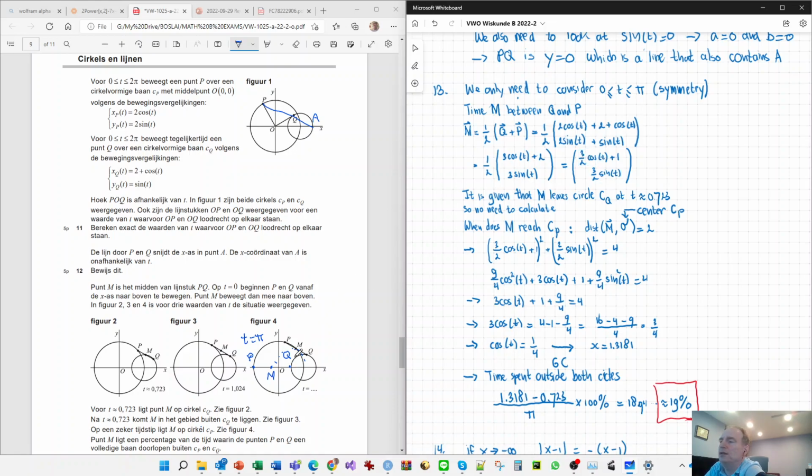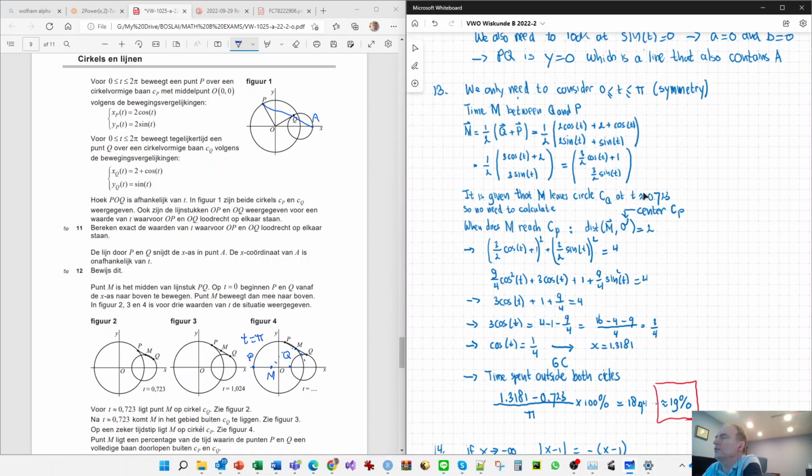So this is actually a circle of radius 3 over 2 and center point (1, 0). You might as well calculate the intersection of this circle with the circle CP, but the result should be the same.